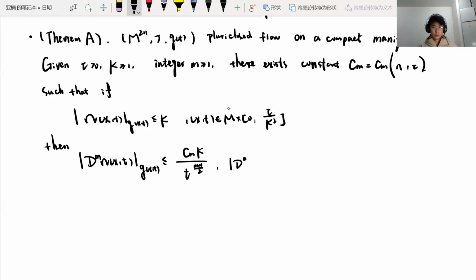And the derivative of torsion is also bounded, for all points in the same interval.